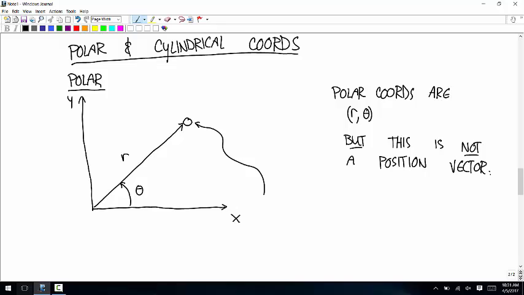In order to define a position vector, we have to choose a coordinate system where the axes are 90 degrees apart and it satisfies the cross product requirements. So our coordinate system is like this. We'll call this the E sub R axis. The ER axis always points towards the object that you're tracking. And the E theta axis is perpendicular to that, 90 degrees apart.